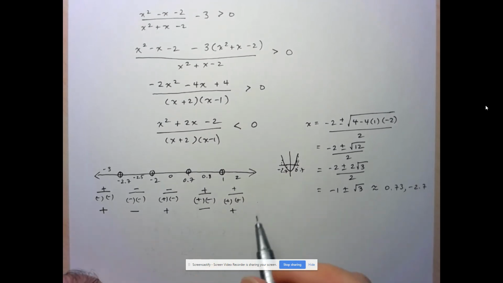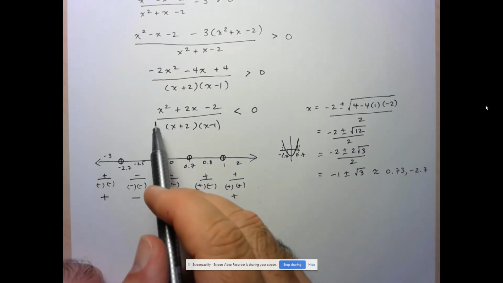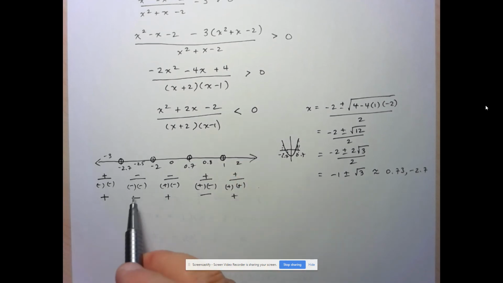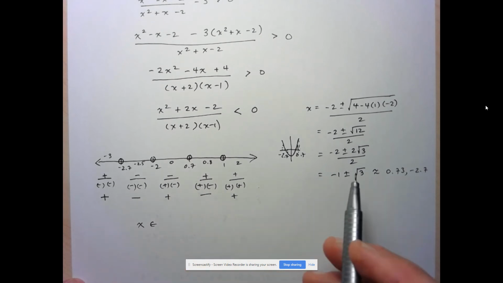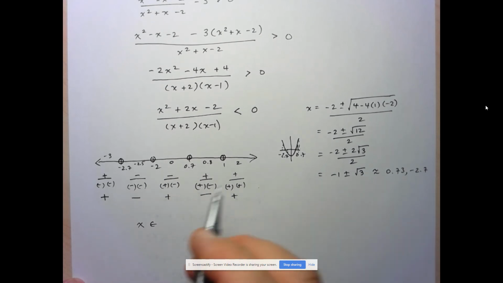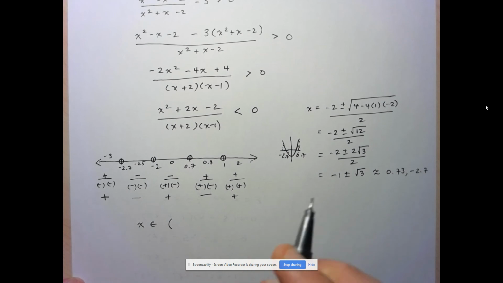We had a lot to test because we had 4 different places where this expression could change sign. So now I need to determine where this expression is less than 0. It's going to be in these 2 intervals. Now, when I give my answer, given that this was a straight math problem, it makes sense to give it with exact values. So my solution is x is an element of the following sets. Between negative 2.7 and negative 2, but I'm going to actually use negative 1 minus root 3, the more official solution.